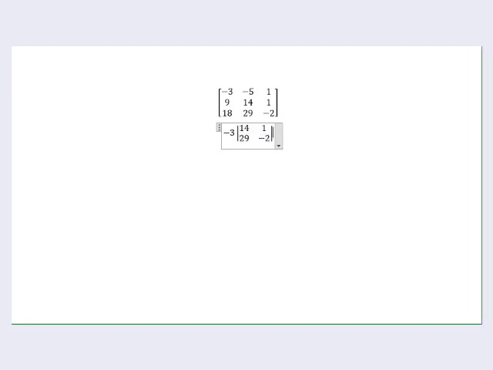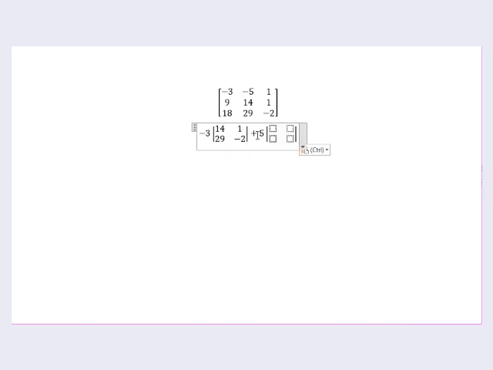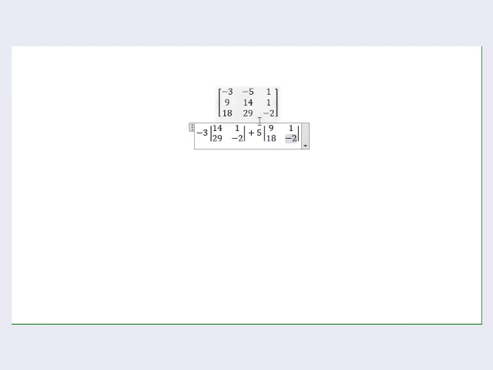Then we have minus 5, so minus and minus becomes plus, and we get rid of the middle column, so we'll be left with 9, 1, 18, minus 2. Plus 1, now we get rid of the third column and the first row, so we'll be left with 9, 14, 18, 29.